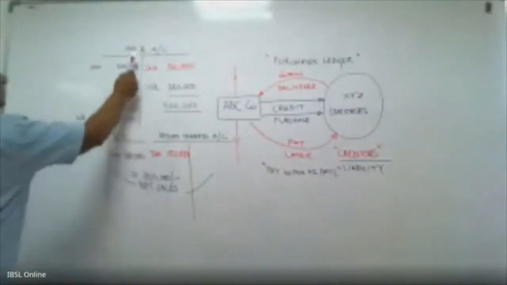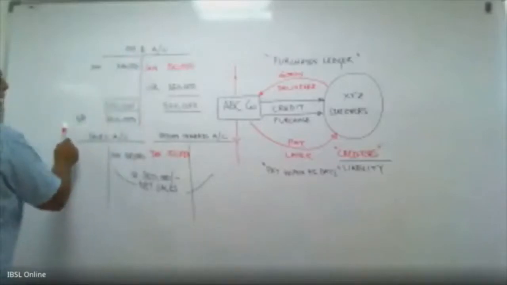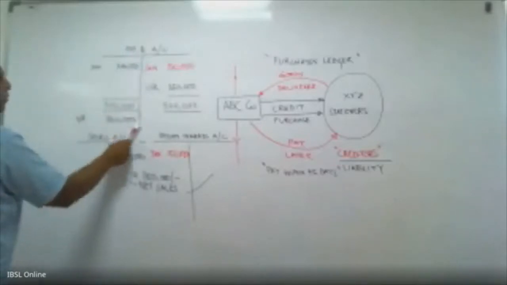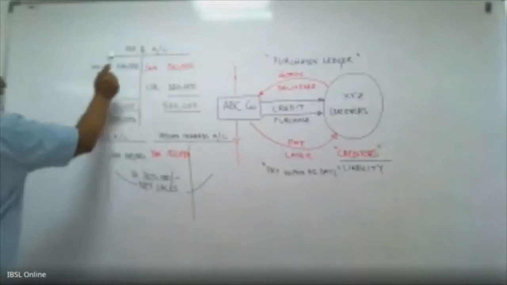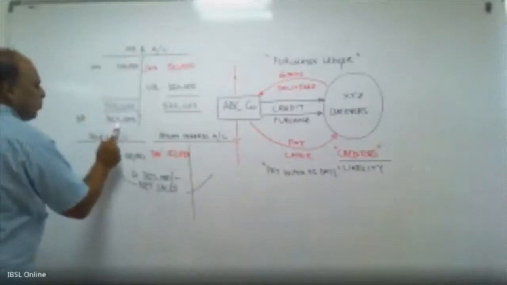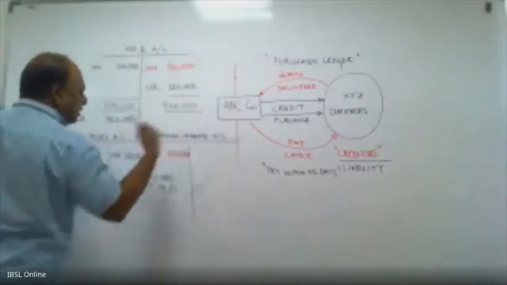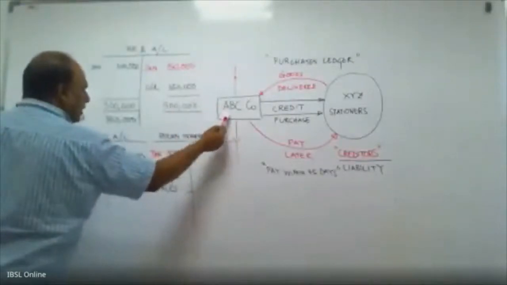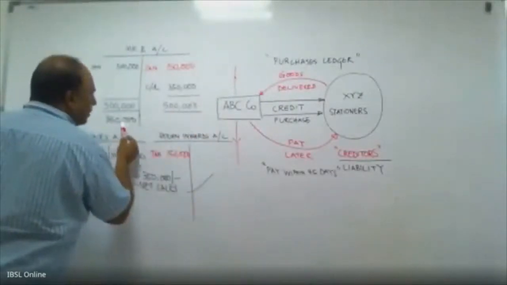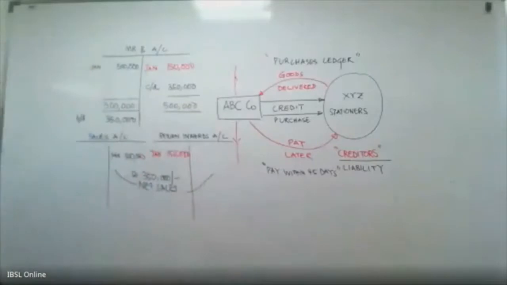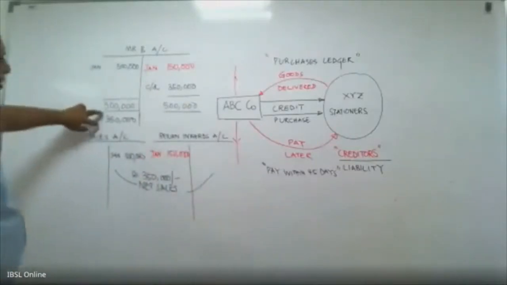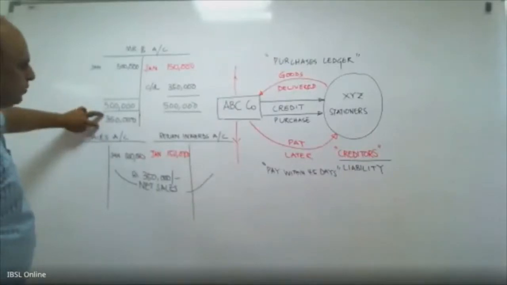At the end of the month, Mr. B, I have a debit balance of 350,000, which means he is a debtor and he has to pay me, that is ABC company. ABC company is supposed to receive 350,000. So your debtors is 350,000.